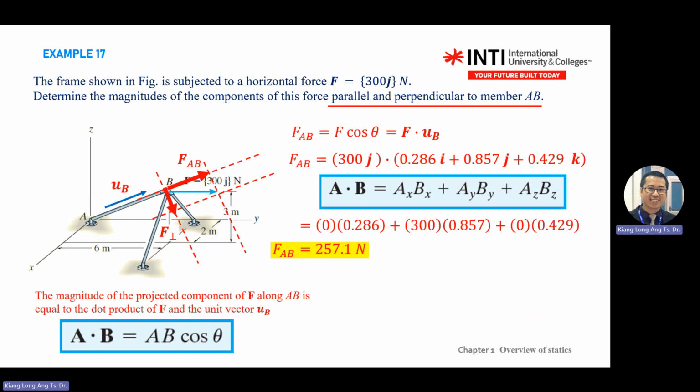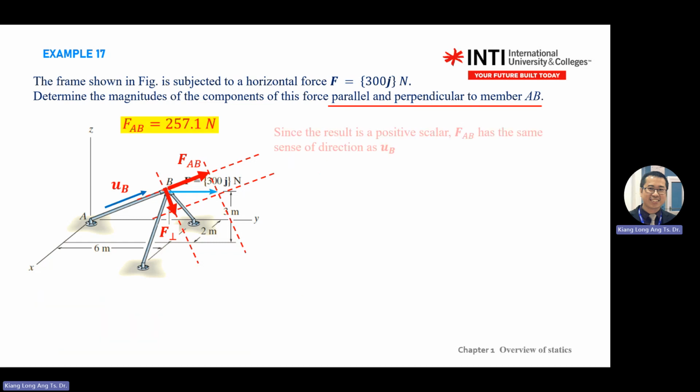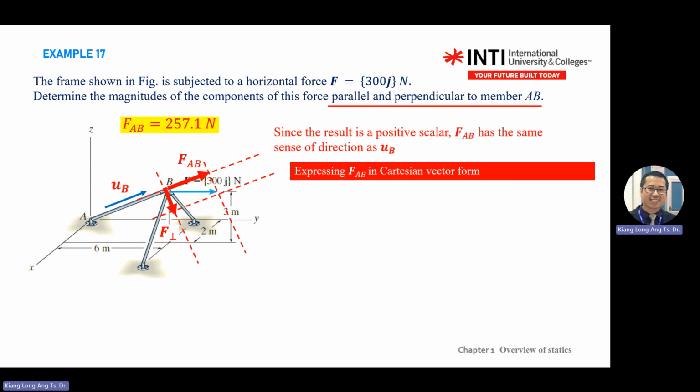At the end, you get one answer: F sub AB equals 257.1 Newton. Remember the unit.